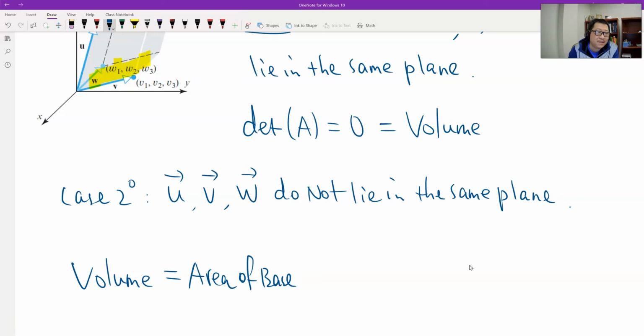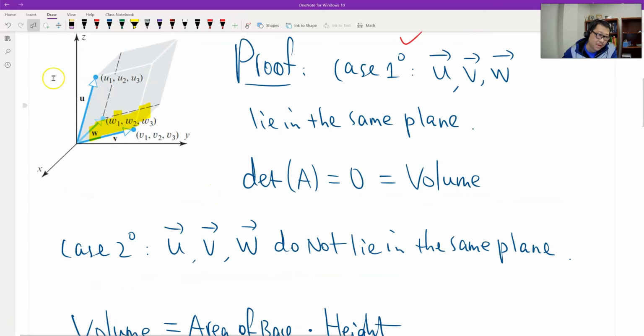What's the base? The base is a parallelogram, so it is the area of a parallelogram, and then times the height, which is just a number. I don't know where the height is yet; we can work it out.